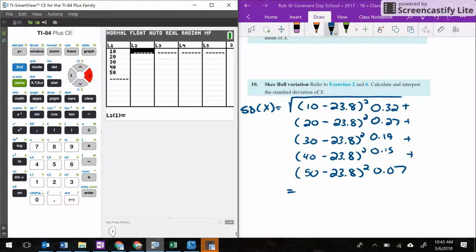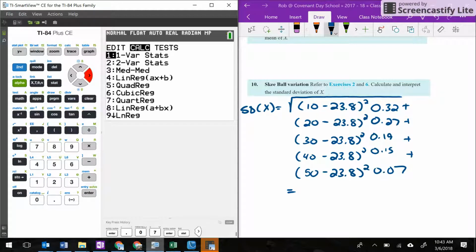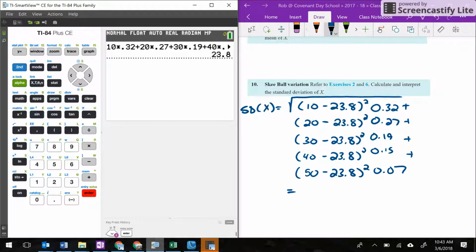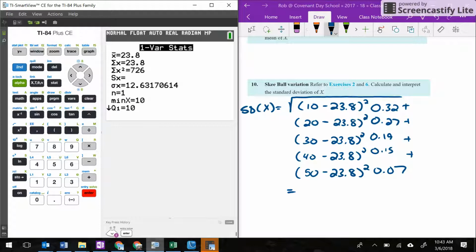L2, I'm going to put their corresponding probabilities. Then I want to go to Stat and Calculate, and I'll go to one of our stats. My list will be L1, my frequency list L2. And this will actually give me the mean and the standard deviation.